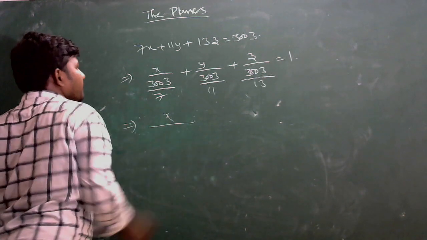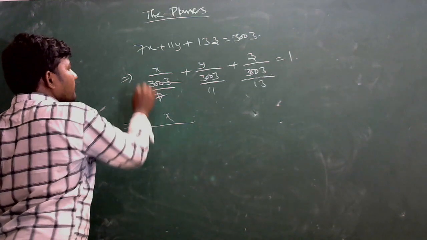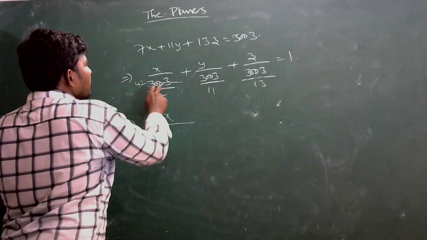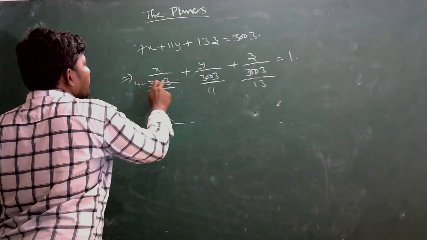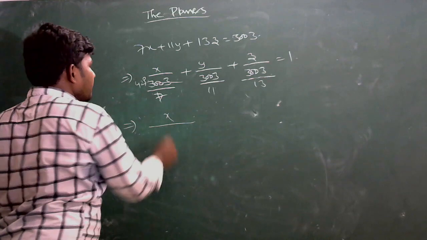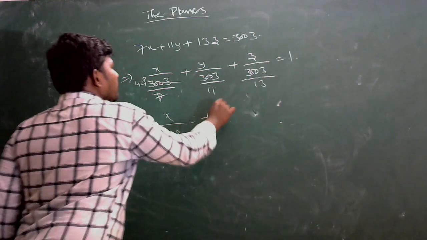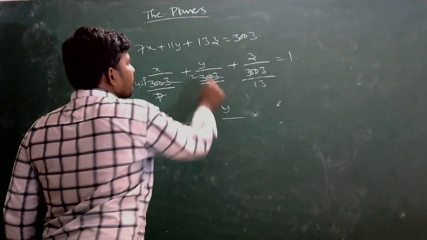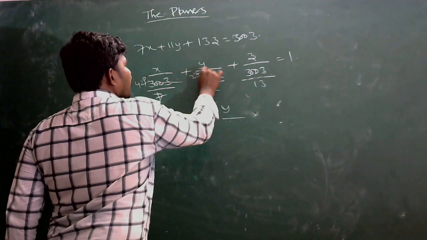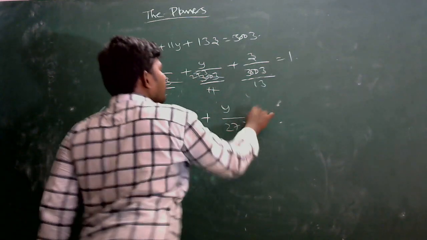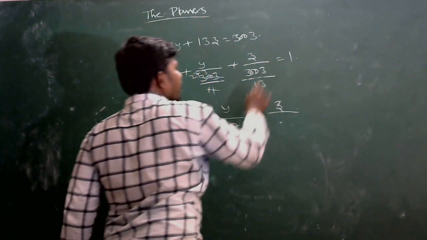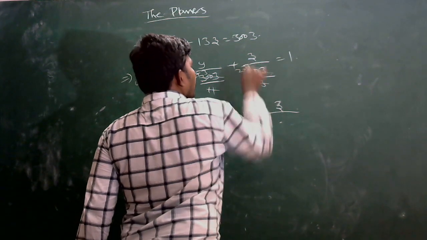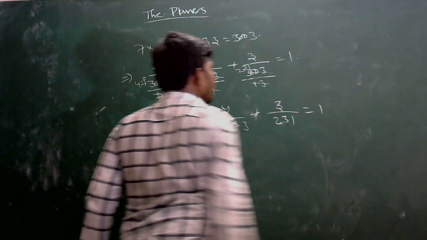x by this value is 429, plus y by this value is 273, plus z by this value is 231, equal to 1.